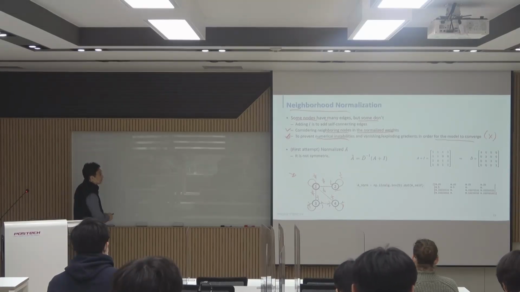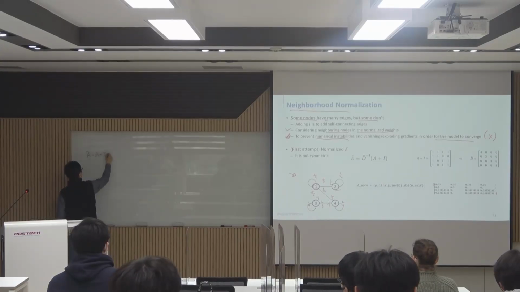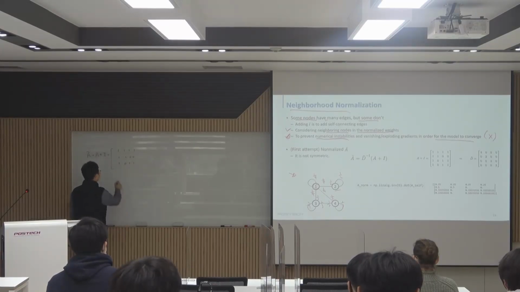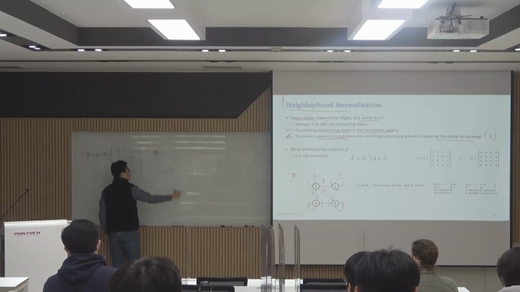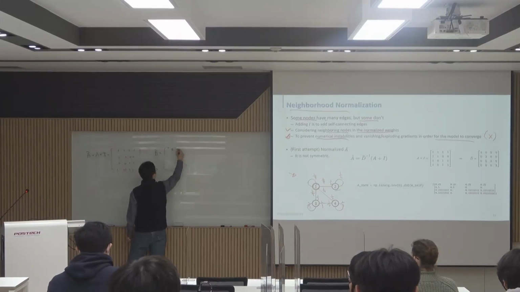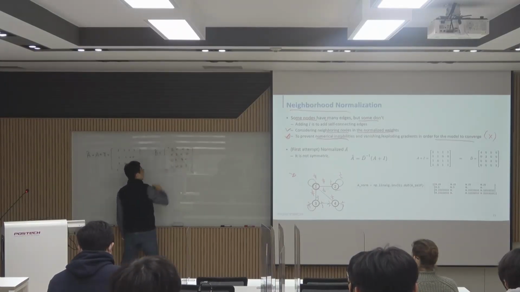For A, I will say it's A tilde. That's the A tilde adjacency matrix, and the degree matrix is 4, 2, 3, 3, with the information located only in the diagonal components.